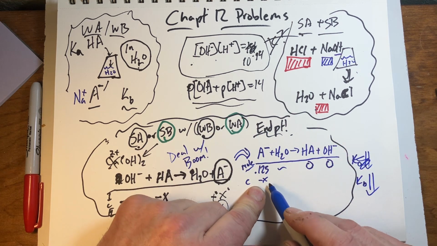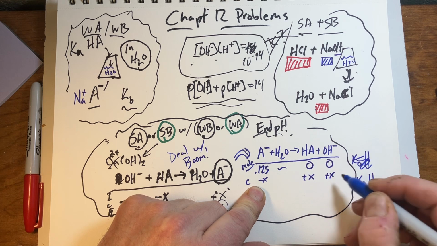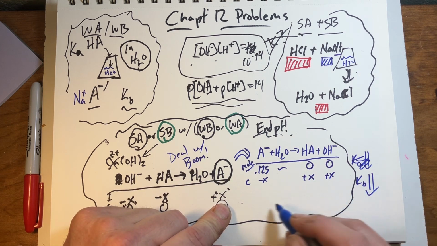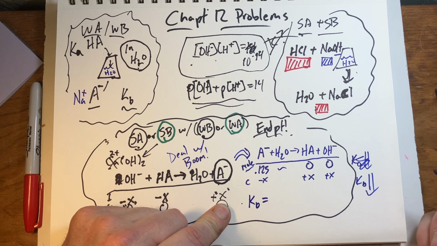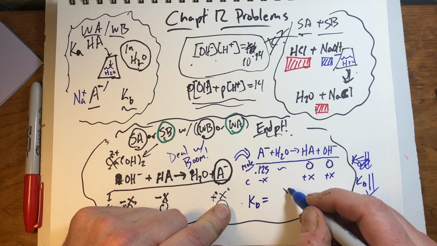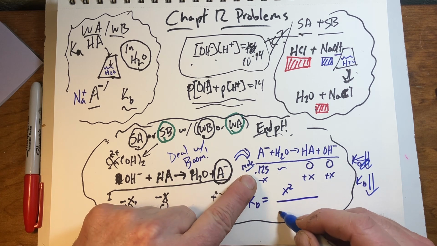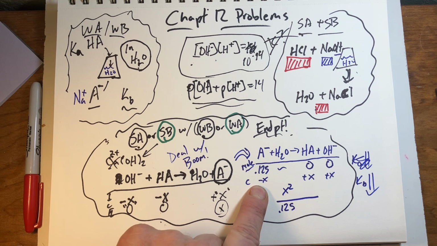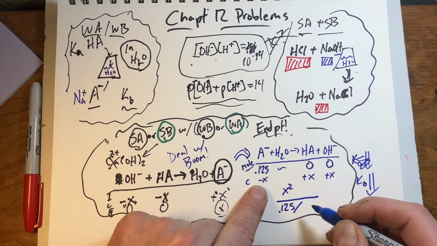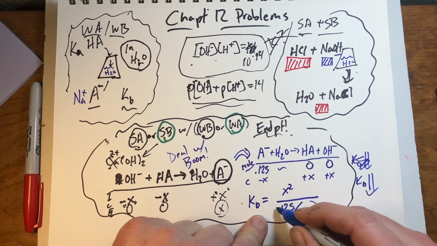It's a small amount of X, and we make then plus X, plus X. And so we can go right to the law of mass action, where we say the Kb is going to be equal to, now I'm going to be careful, I'm going from moles to molarity. I'm going to take that 0.125, which minus that X is not going to have much of a change in its value, but I do need to divide by the volume.